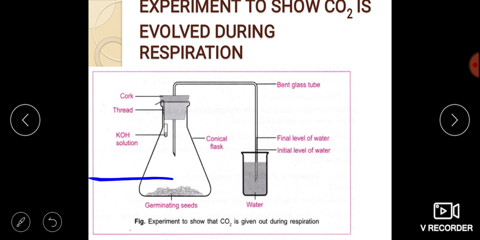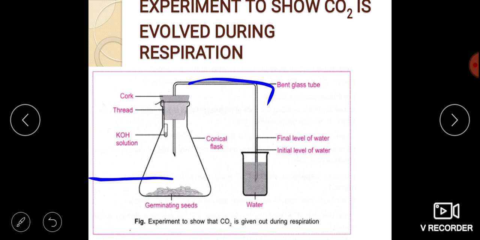This is an airtight conical flask, and here a KOH solution in a test tube is hung. A bent tube is placed with one end inside this conical flask, and the other end inserted inside a beaker containing water.